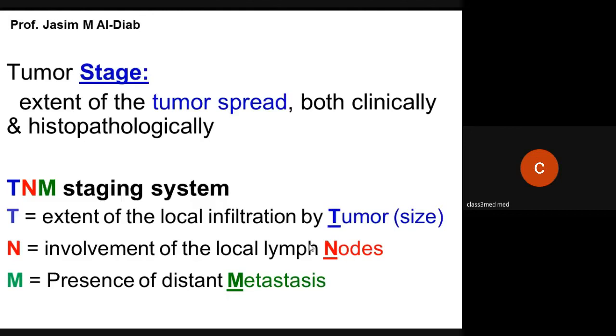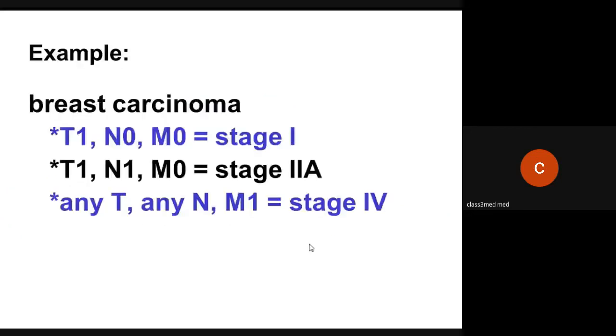The M parameter refers to distant metastasis. When distant metastasis is present, we say M1; not present, M0. All right? So this is the TNM staging. Example: when the breast carcinoma is staged as T1, it means the tumor size is less than 2 centimeters.